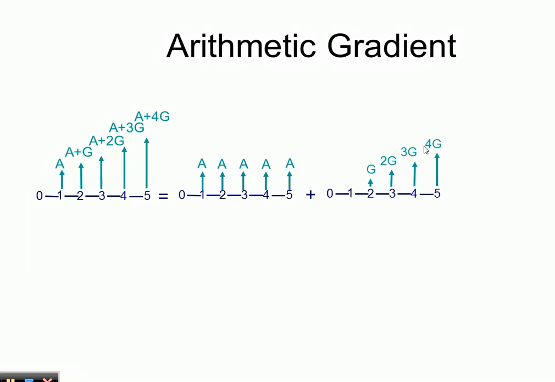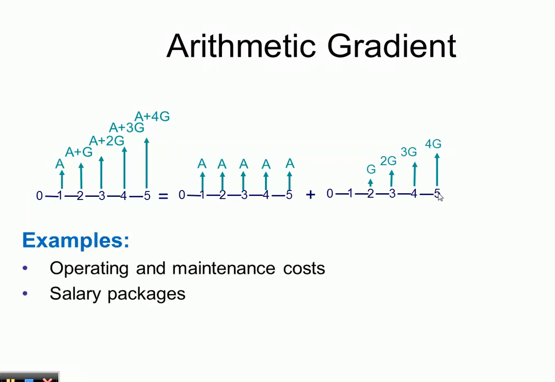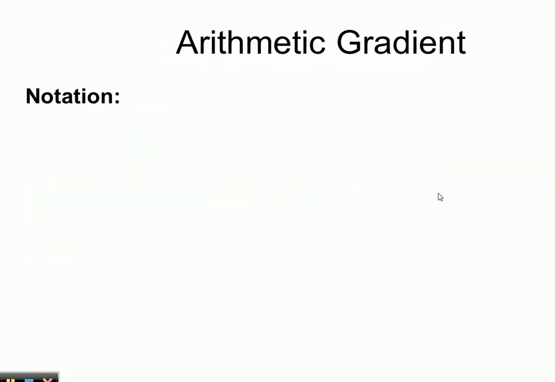Basically, this is going to be n minus 1 G. If n is 5, then n minus 1 is 4. Examples of arithmetic gradient series are operating and maintenance costs, which sometimes increase linearly in time, or salary packages that might have linear increases.